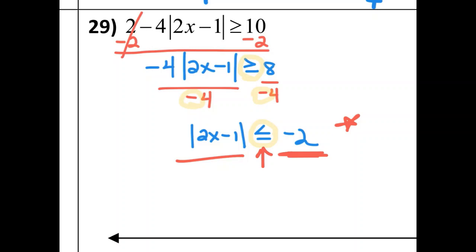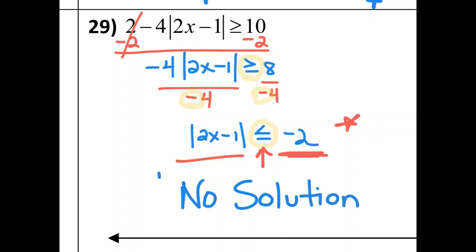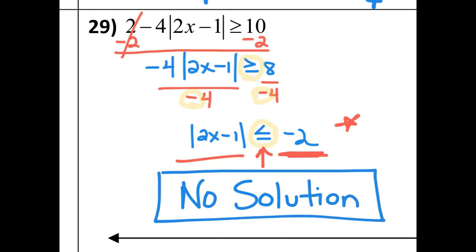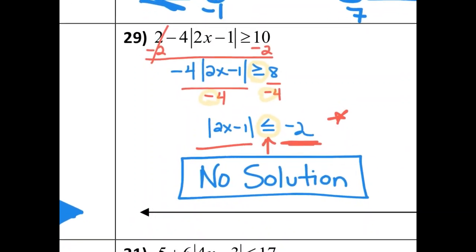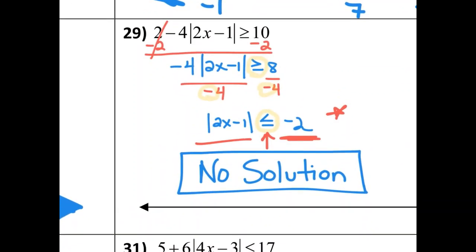Therefore, this inequality has no solution. And you don't do anything beyond that step. You could force that problem to feel like it works, but the answers that you get would not be the correct answers.